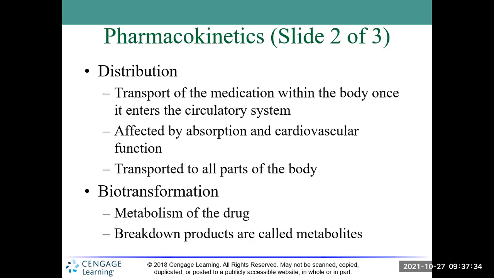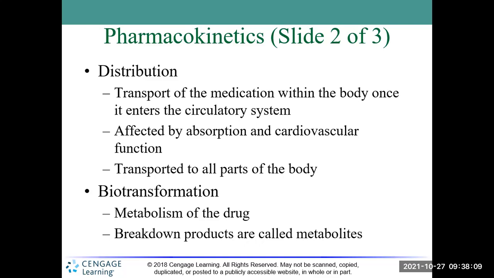And what that means is that depending on how the heart is functioning and pumping blood out into the arterial system that then becomes the venous system, that function is going to greatly affect how well a medication is distributed. Because if someone's cardiac output is low, the distribution is going to be low, because then the circulation is low. So if that distribution needs to be higher, then things may be done to try to improve that circulation.